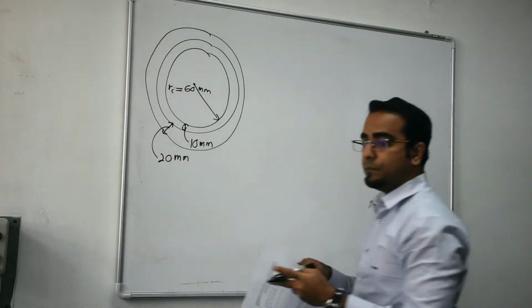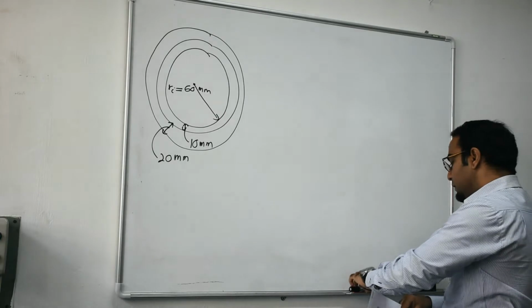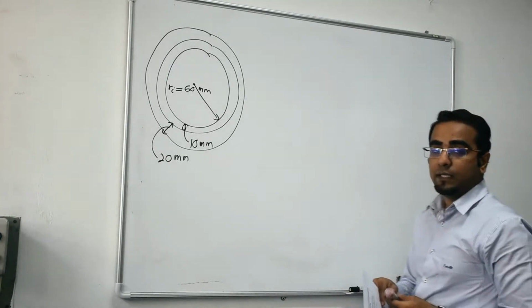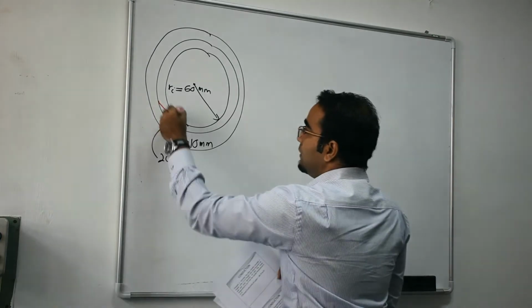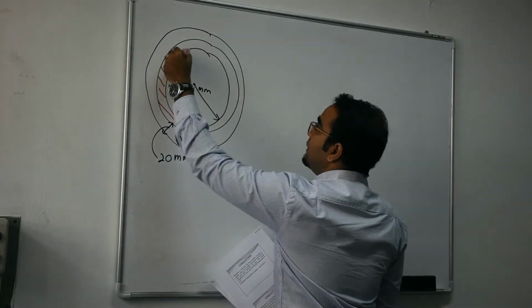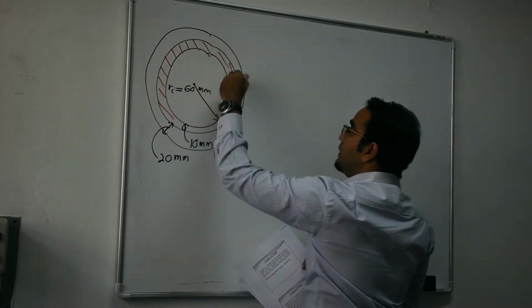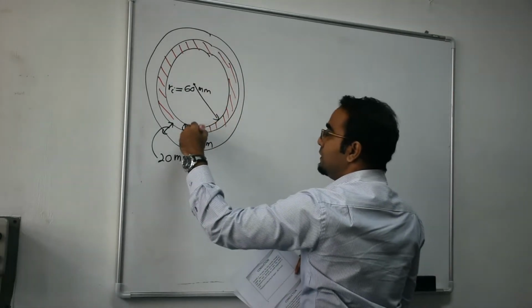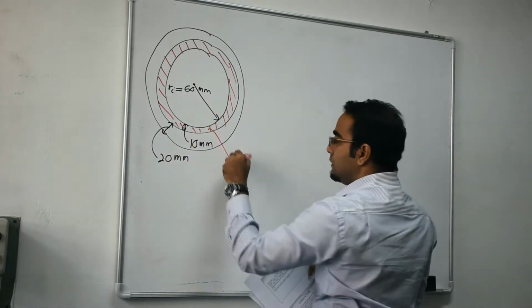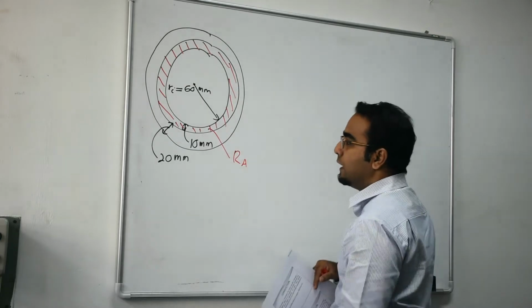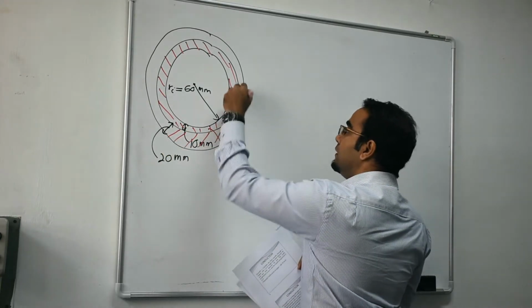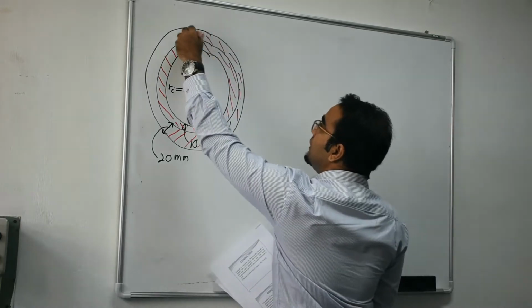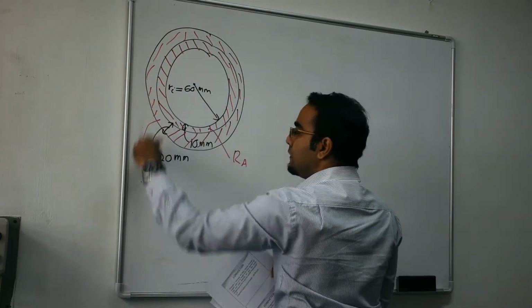So you can see here, this question is actually a multi-layer tube. So I can label, this is my first layer, and I can say that this first layer, I call it RA. And then the insulation layer is my second layer, and I can call this layer RB.